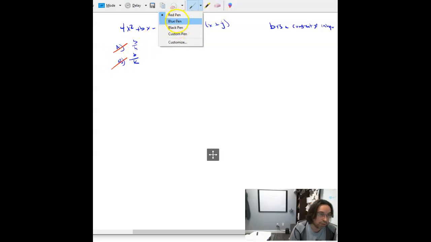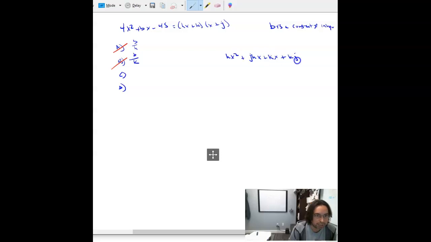So let's go through and see a little bit more about what they're doing here. If we FOIL the right-hand side out, we're going to end up with hx squared plus jhx plus kx plus kj.